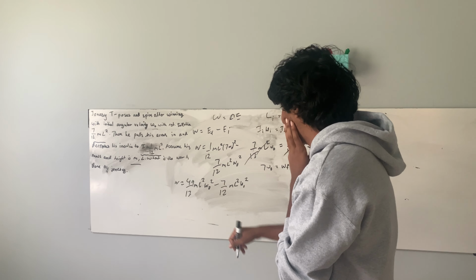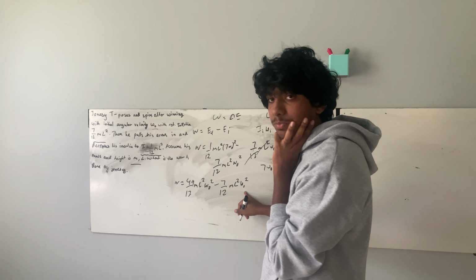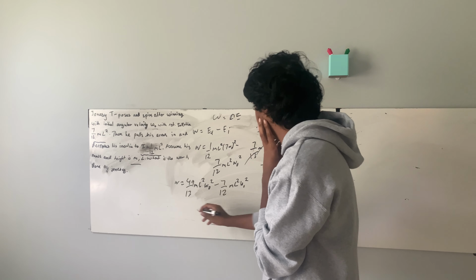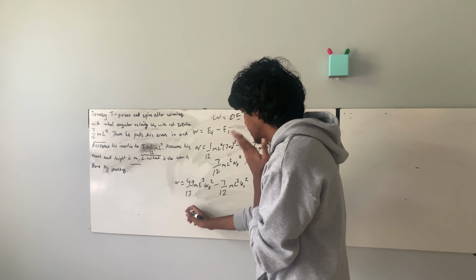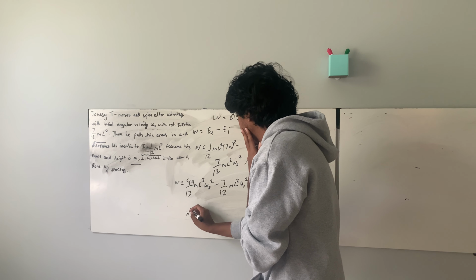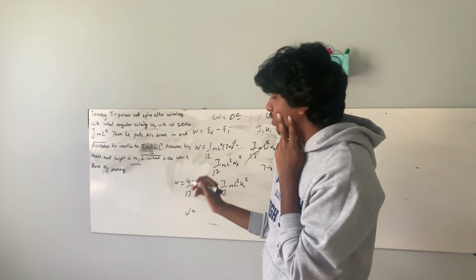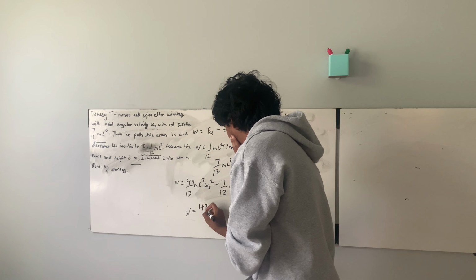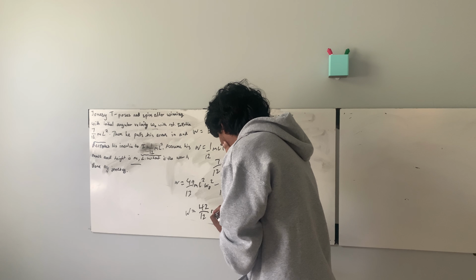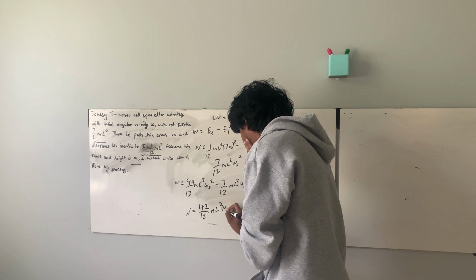Combine like terms because these are the same variables in the same order and exponent. Work would have to equal 49 twelfths minus 7 twelfths, which is 42 twelfths ml squared omega naught squared.